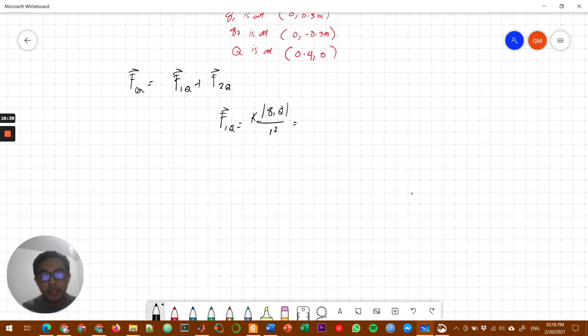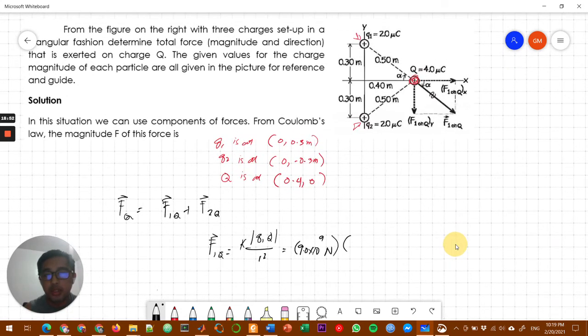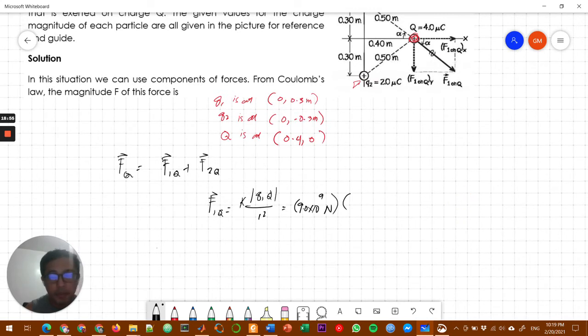So that would be 9.0 times 10 to the 9, times the charge Q1, which we recall is 2 microcoulomb, so 2.0 times 10 to the negative 6 coulomb, and charge Q is 4.0 times 10 to the negative 6 coulomb, over r squared.